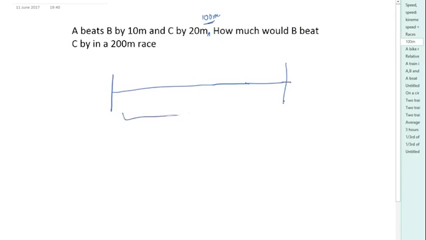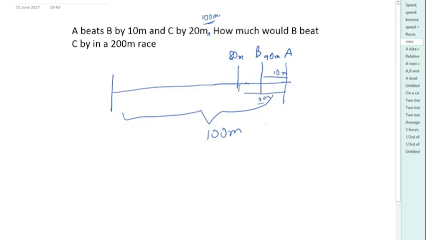So in the time that A travels 100 meters, B is only able to make 90 meters and C is only able to make 80 meters. That's how A is defeating B by 10 meters and C by 20 meters.